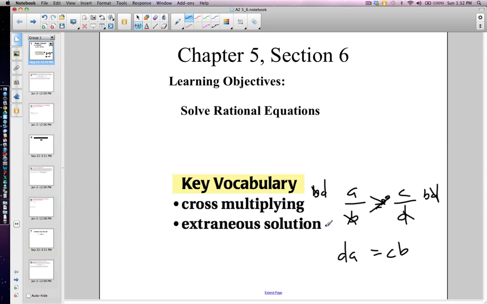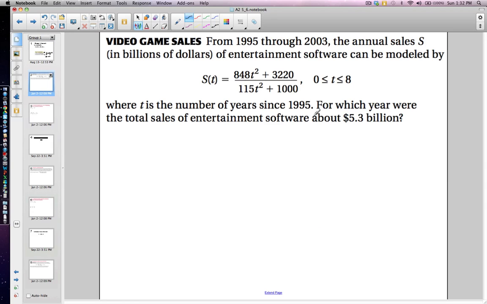And again, extraneous solutions we've already learned about. These are solutions that you can solve algebraically, but they don't actually work in the initial equation, so they're false solutions.